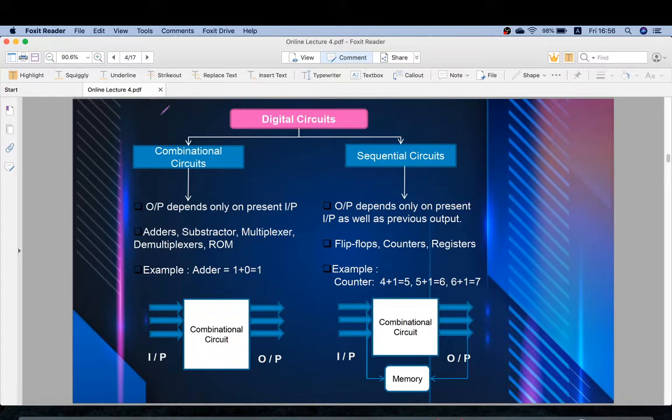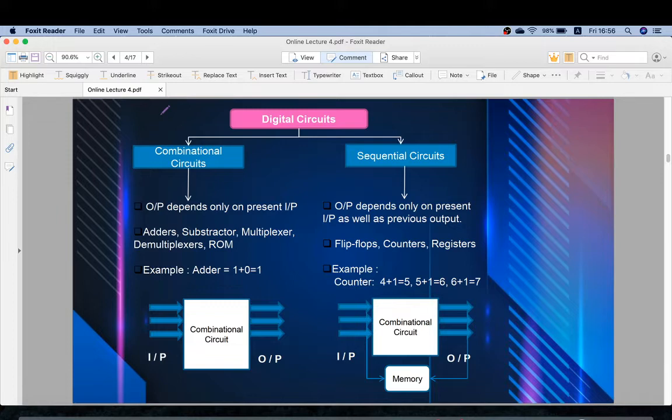We will be studying combinational circuits, but to see the difference between them, here are some points. The first point is, in combinational circuits, output depends only on present input. This means in a combinational circuit, only your input matters, because your output depends on whatever input you are giving to your system.